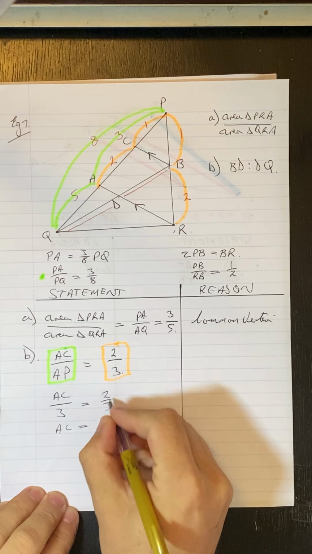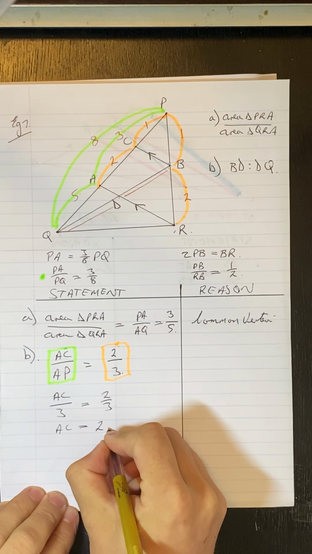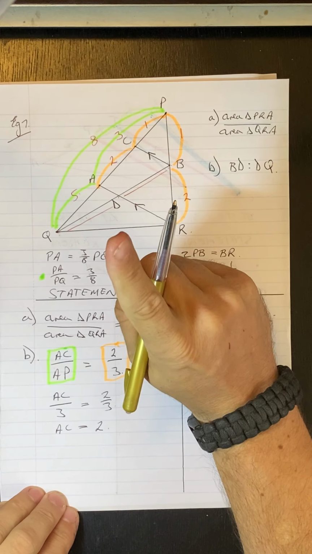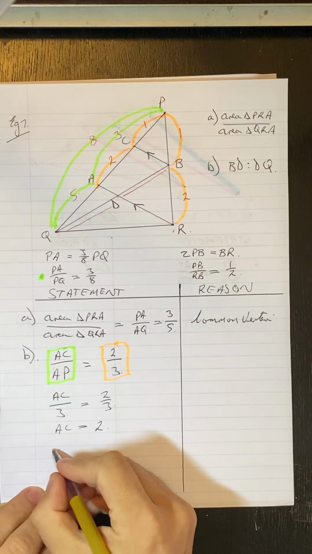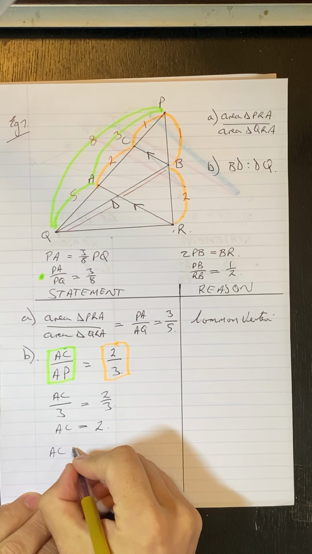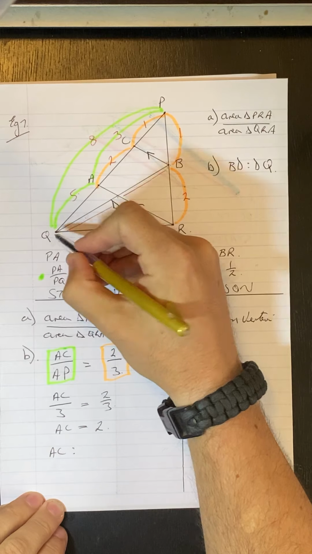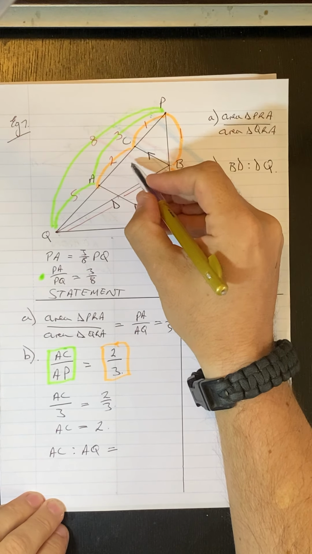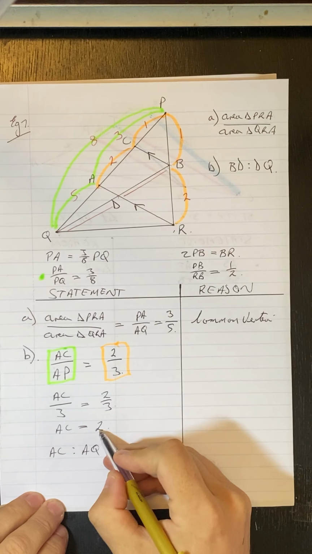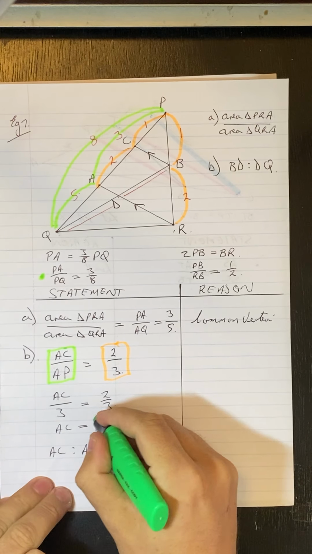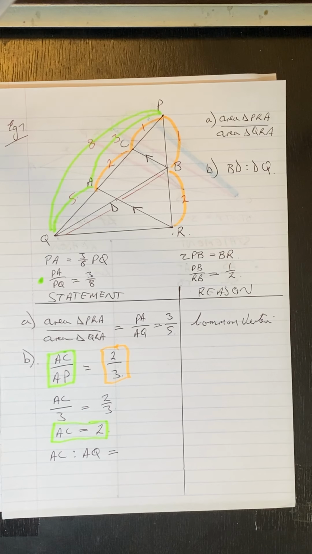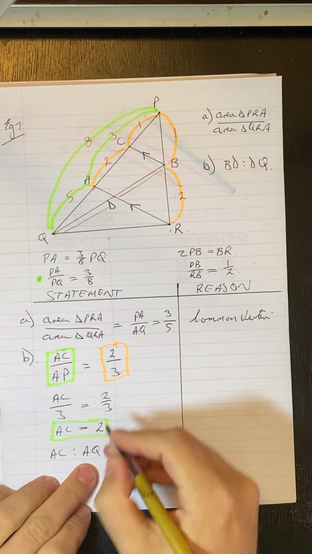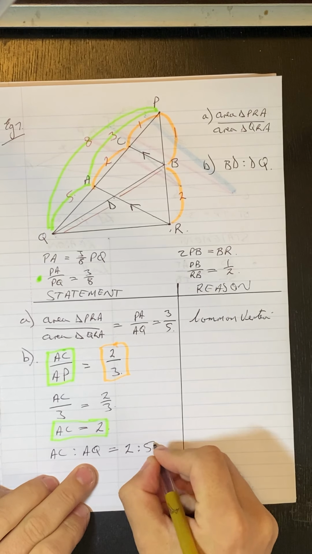So I just multiply up by the 3 and I get 2. Okay, so that means now we have for the green that AC to AQ is equal to 2 to 5, because we've just worked out that for the green, that's our green bit. So AC is 2, and then AQ for the green is 5.